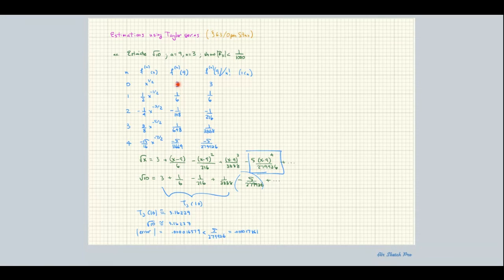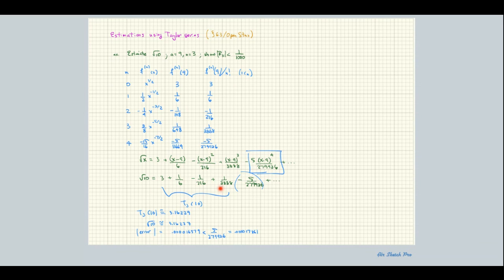And we evaluate the derivatives, including the original function, which is the 0th derivative, at the value where we're expanding. Then we divide by the factorial to get the coefficients. Then we develop the Taylor series as far as we're going to use it for estimation. This is the third order estimation, which involves 4 numbers, ending in the third power.